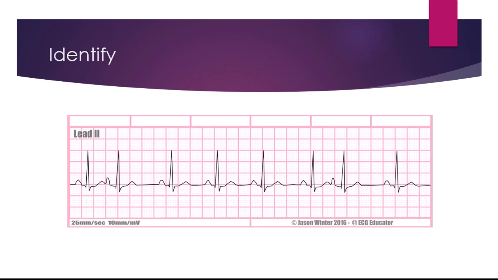Rhythm, do you see a normal rhythm there? I heard somebody say no. What's abnormal about it? Go ahead and get your laser pointers out, because we'll be using those today.